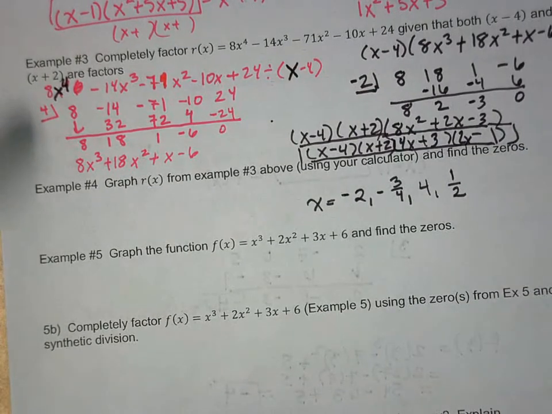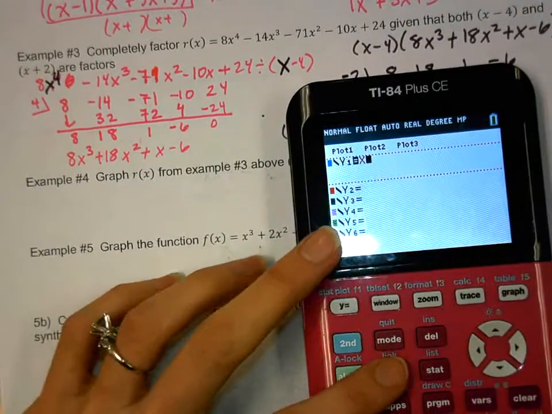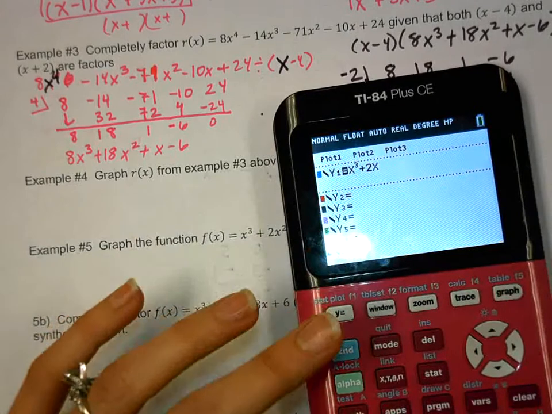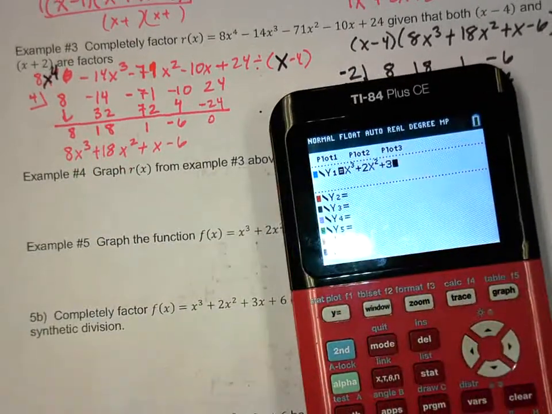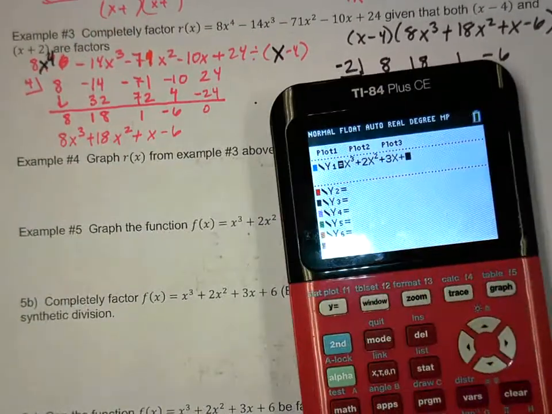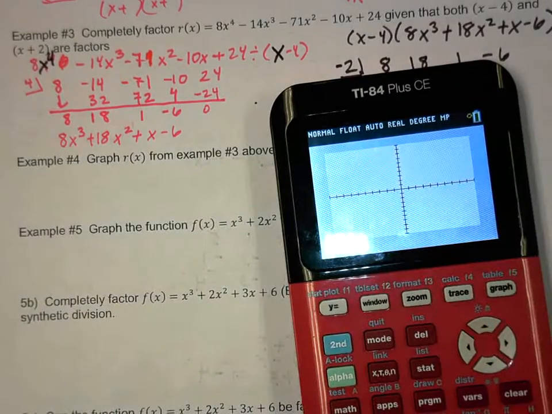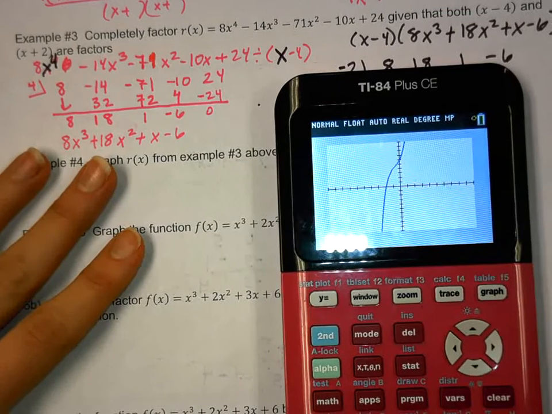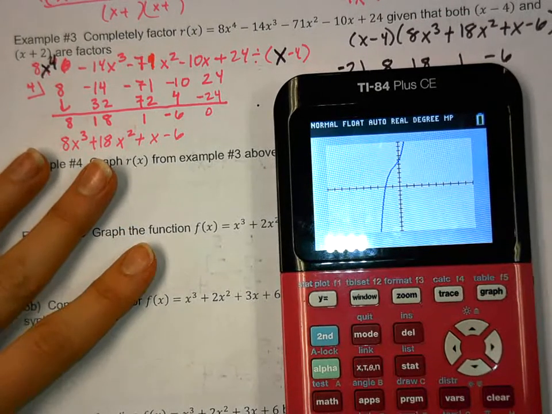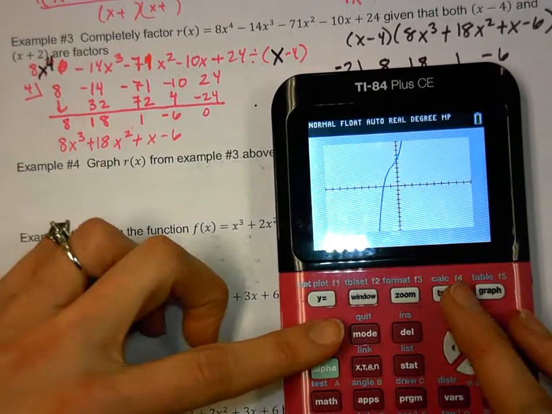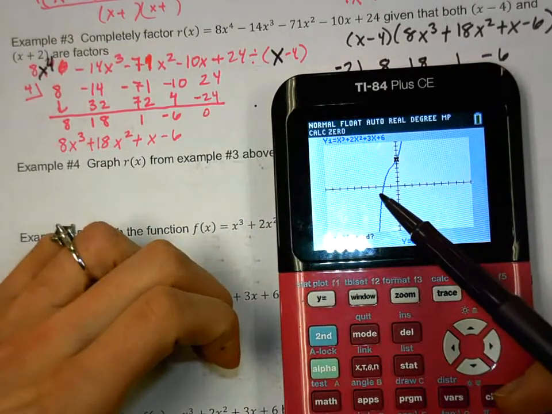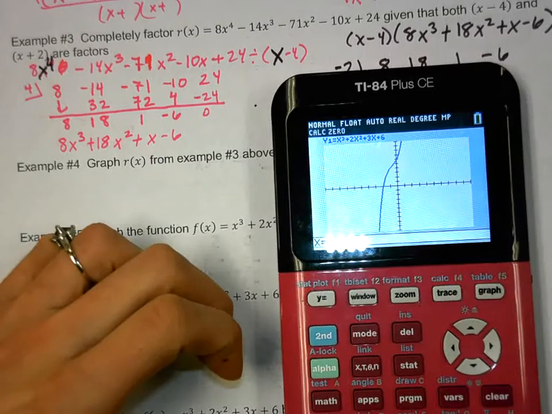If I graph x cubed plus 2x squared plus 3x plus 6, it only found me 1 zero. If I find that with second trace, 0, it looks like it's at -2, so I'm going to go to the left of -2, like -3, enter.